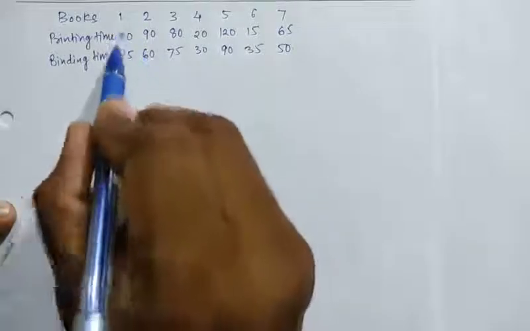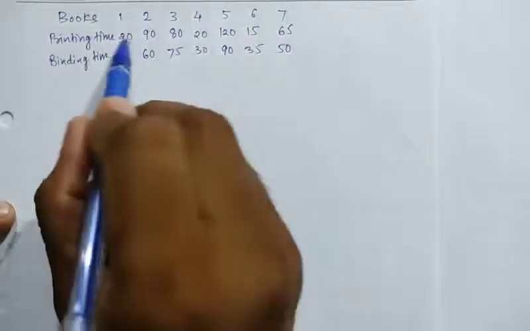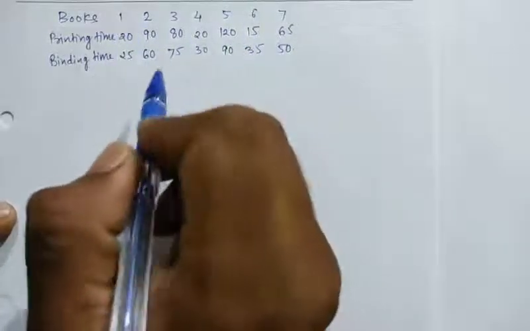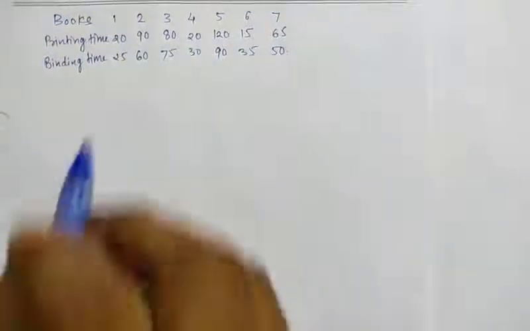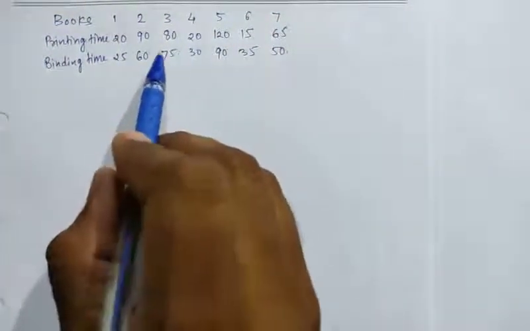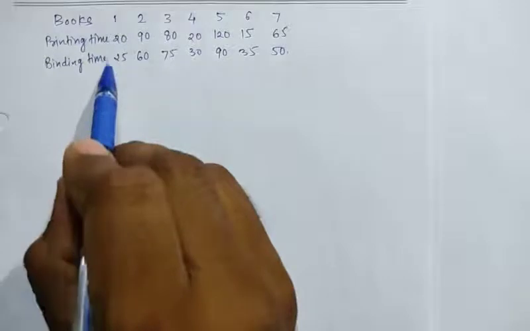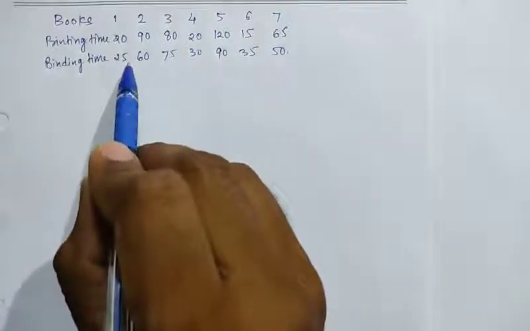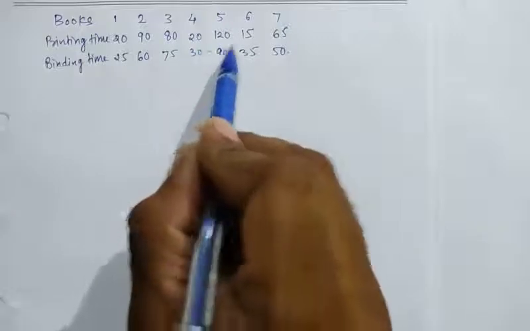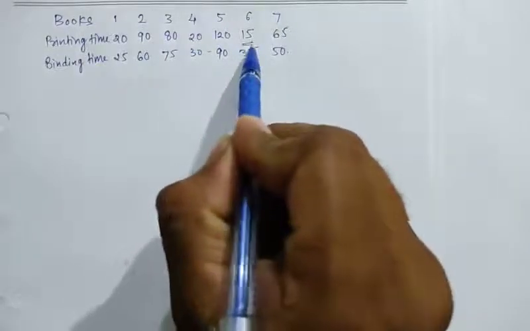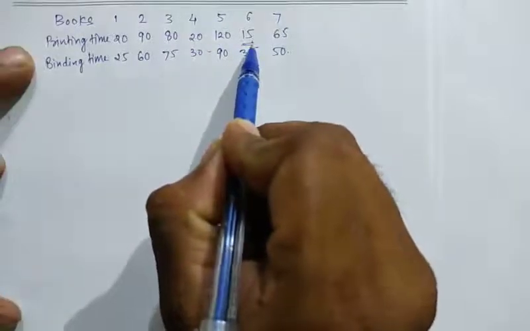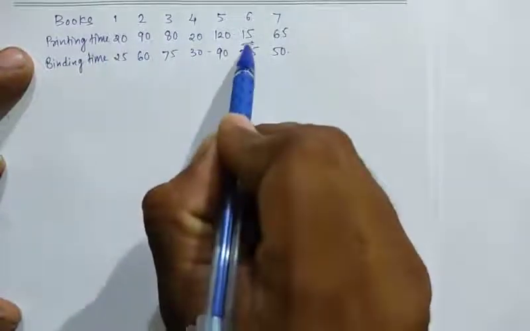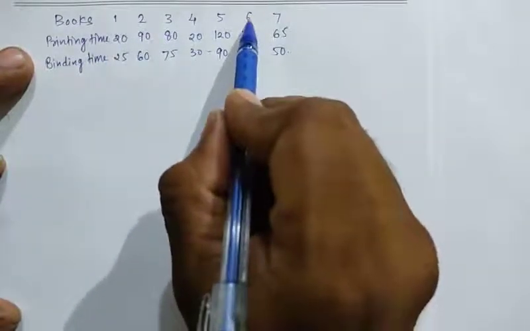Now among these we choose the minimum value. In the given table, let's choose the minimum value. Here 15 is the minimum value, and this is for the first machine M1. So we place job 6 first.